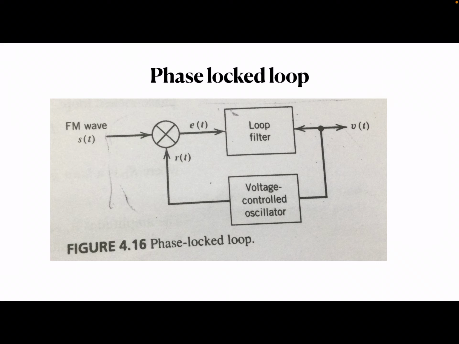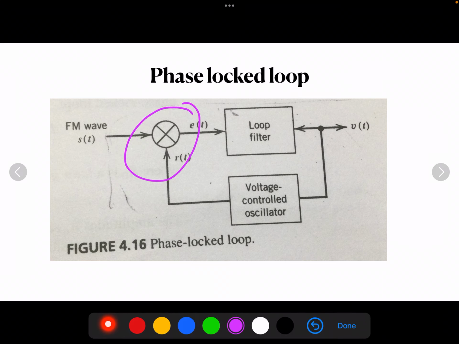So consider the diagram of the PLL. It consists of three major components. One is a multiplier, one is a loop filter, and another one is a voltage controlled oscillator. The voltage controlled oscillator is connected in the form of a feedback loop, from V of t it is taken back.